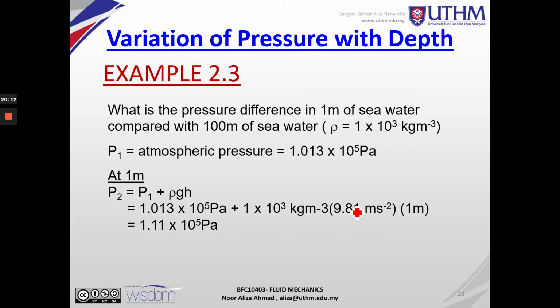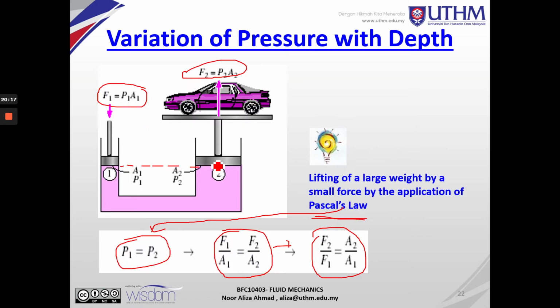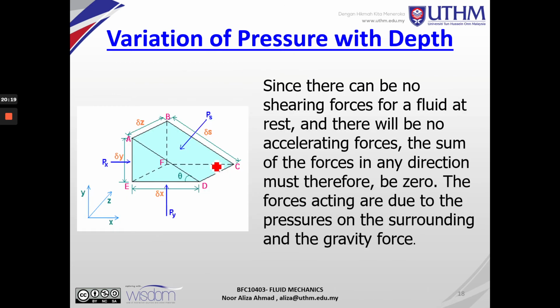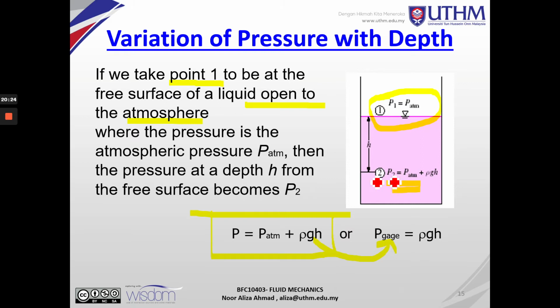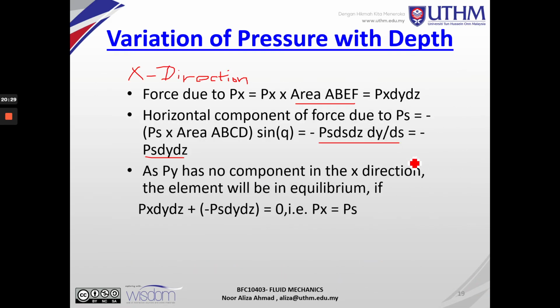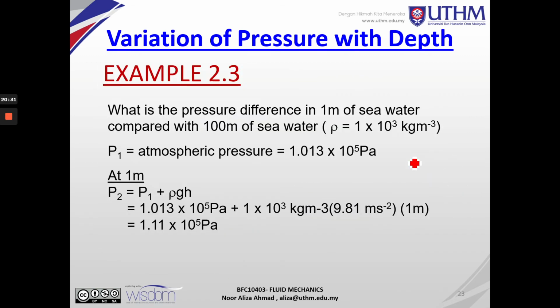Okay, example 2.3. You can look at this figure. The example uses this figure. Pressure at 1 is atmospheric pressure. What is the pressure difference in 1 meter of seawater compared with 100 meters of seawater?